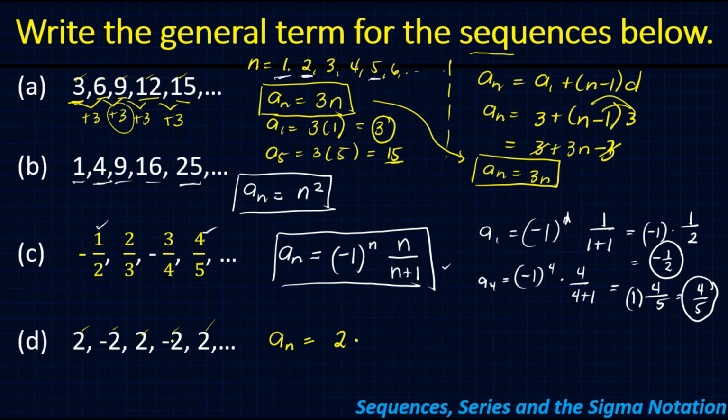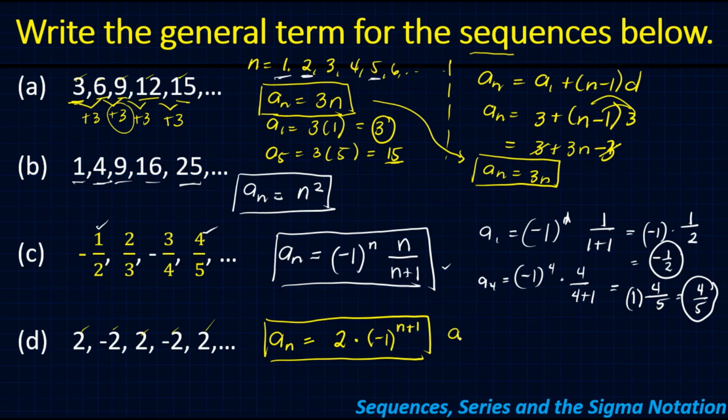Okay, so katulad sinabi ko kanina, pag meron tayong alternate signs, we are going to use a negative 1 raised to. Okay, so ngayon, check natin yung ating exponent. So, ang ating exponent ay magbabase doon sa first term natin, yung sign ng first term. Since ang first term natin ay nagsimula sa positive, therefore, maglalagay ka dyan ng n plus 1. Okay? So, let us see kung ito na yung pwede nating maging general form for this sequence.